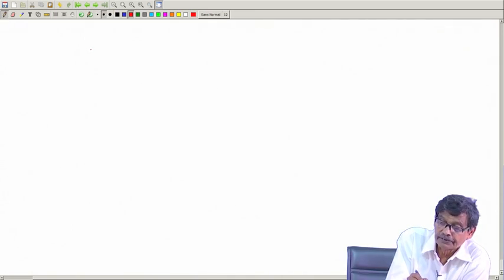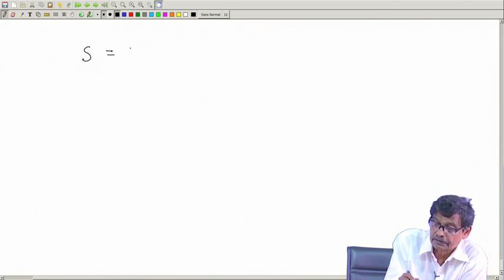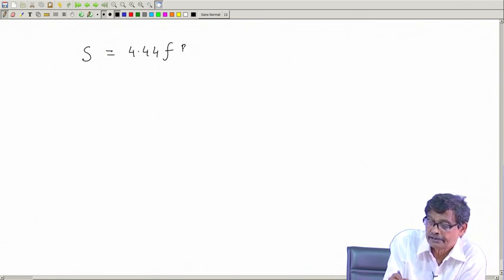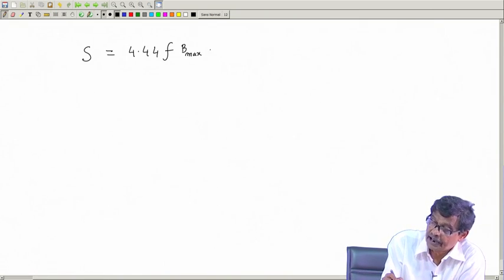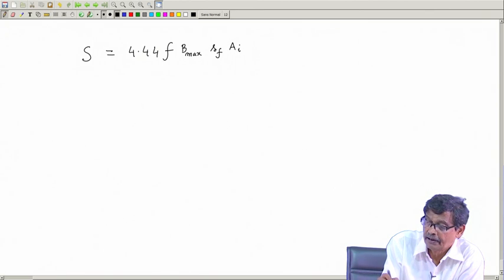So, we have seen that the output equation is 4.44 F phi max, where phi max is B max into stack factor into AI gross, which together gives me AI net.